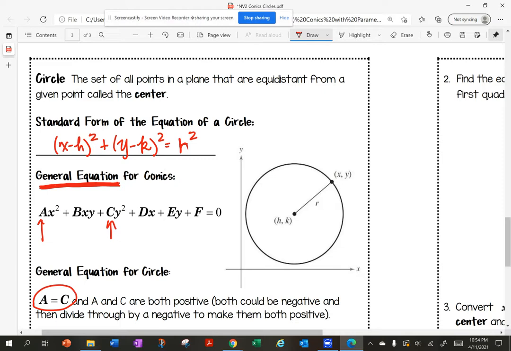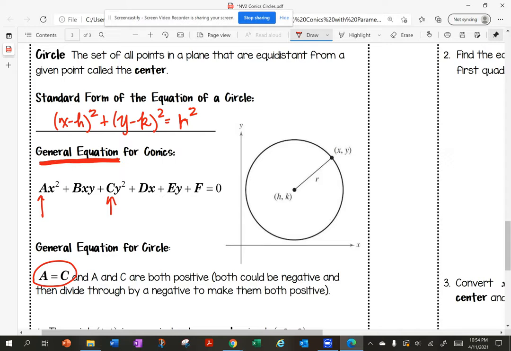Okay, so where does this x minus h and the y minus k come from? So let's just take our circle here, and if I break this down into a right triangle and bring these points down to our x and y axis. So this point here on my x-axis is the x coordinate h, and here the x coordinate is x.